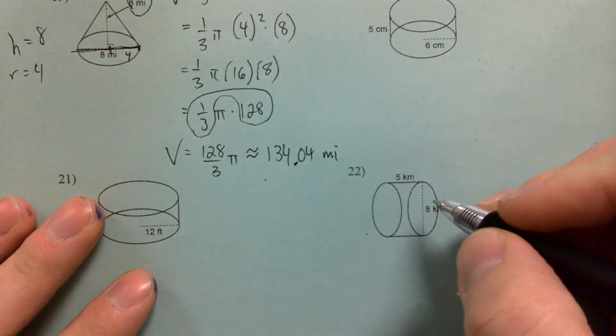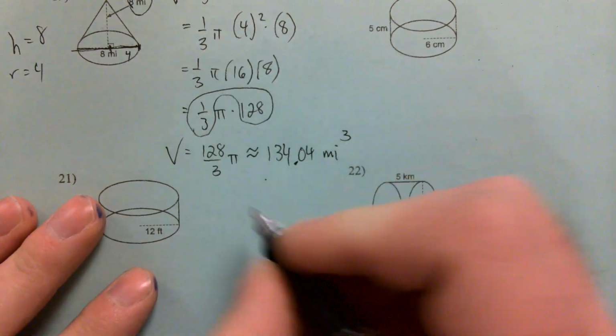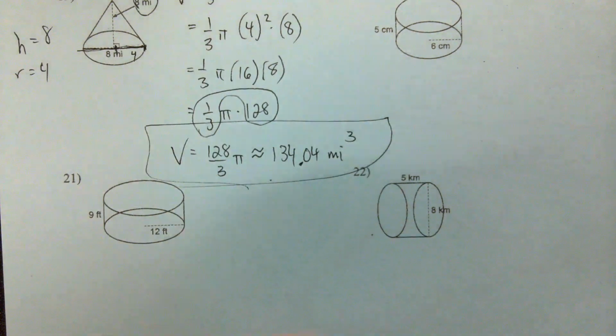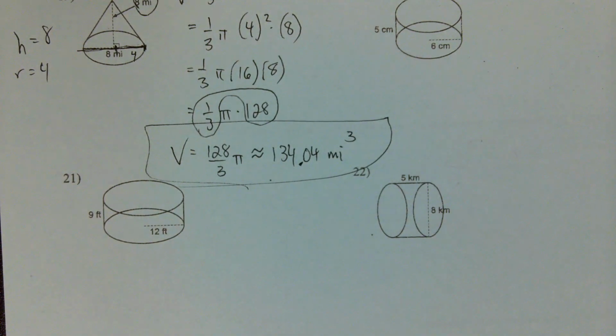Miles cubed. There's our full answer right there. Want to go 2 decimal places? Just like that. Okay, questions I could answer about number 19? Feeling okay with that? Okay.